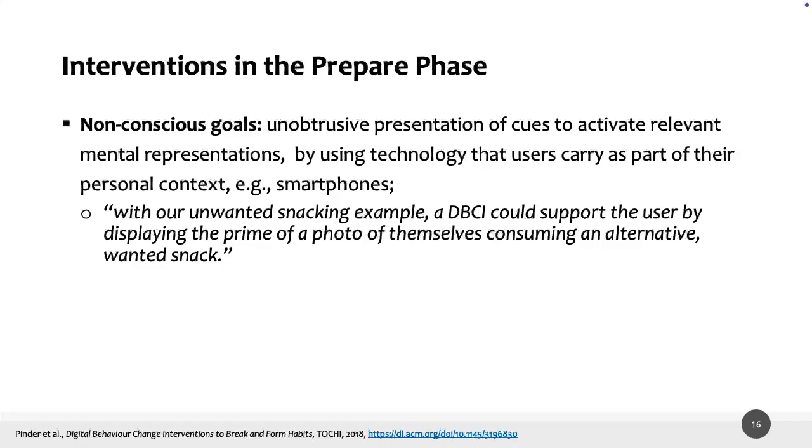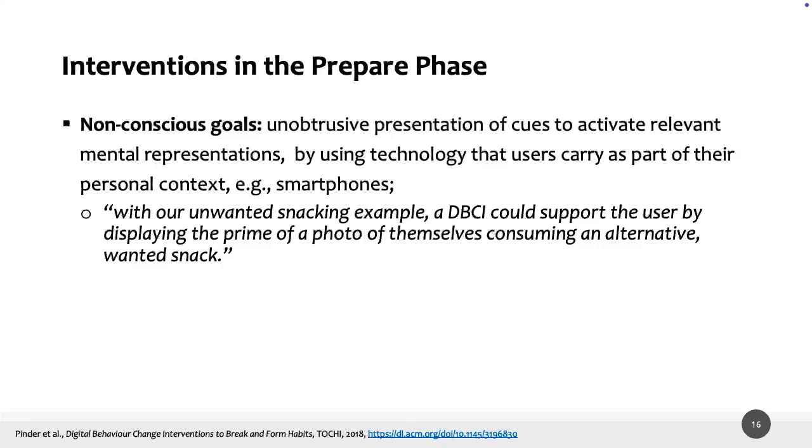We can also act in the prepare phase, and in the paper there is this example of non-conscious goals. There is also an example about subliminal priming. So presenting to the user some cues, even if they are not directly noticed by the user, to create a sort of non-conscious goal for the user.